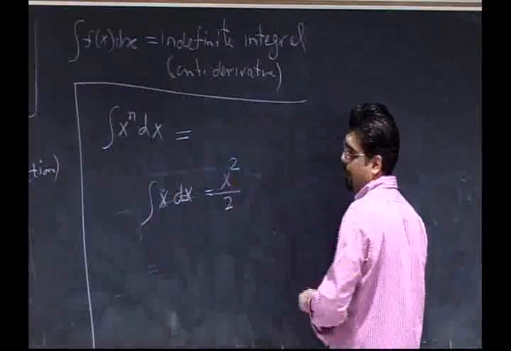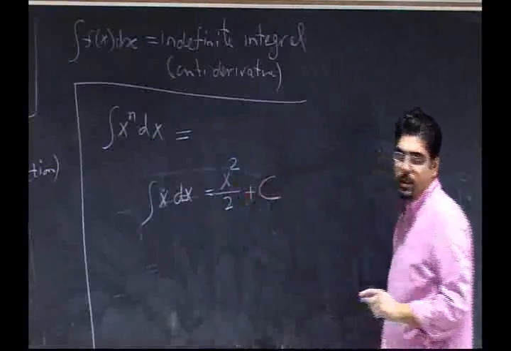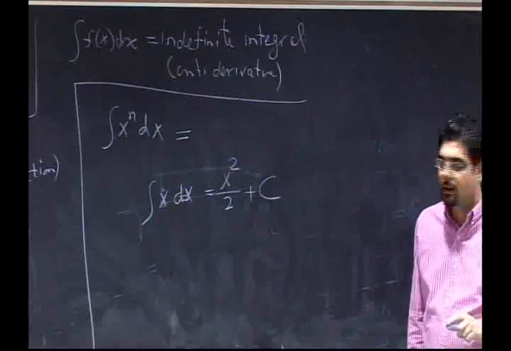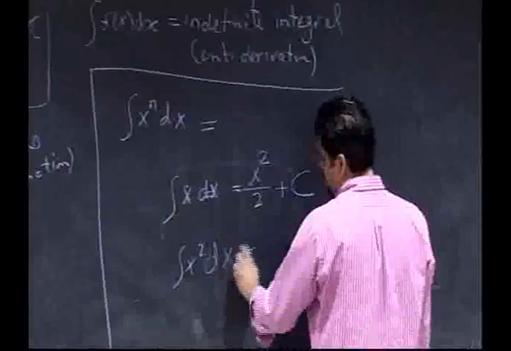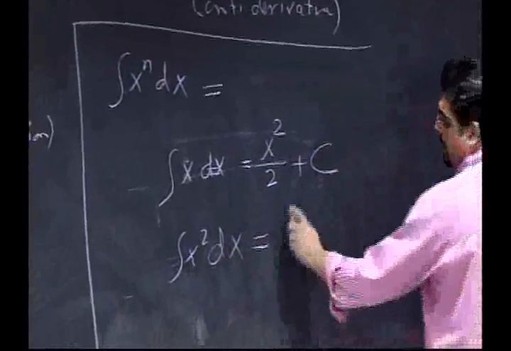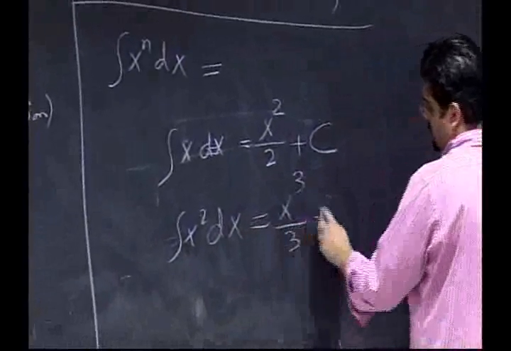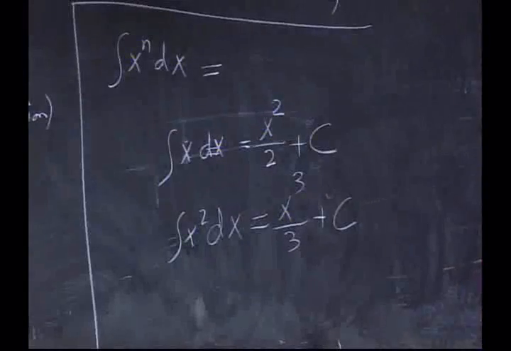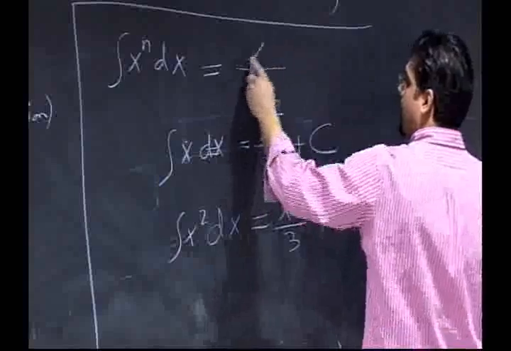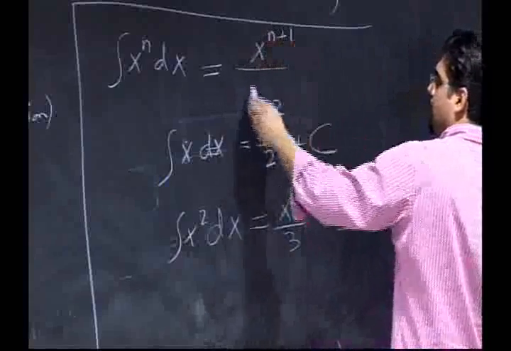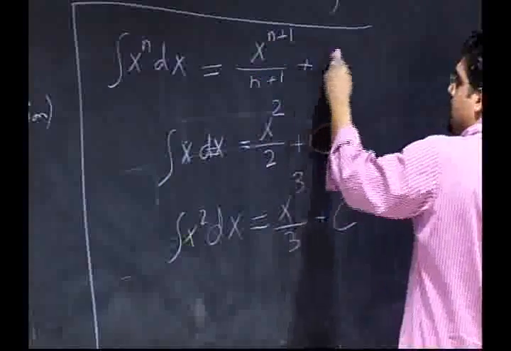X squared over 2, plus c to represent all the functions whose derivative is x, right? And then if you look for the antiderivative of x squared, what is that? X cubed over 3. So in general, if n is an integer, how could you write this? X to the n plus 1 over n plus 1.